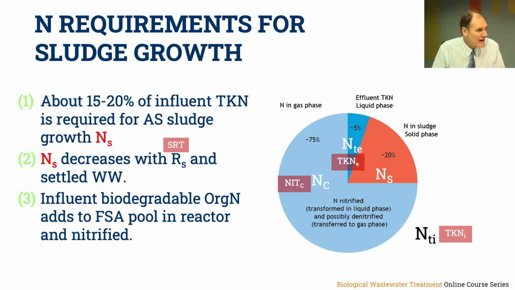And then a third thing happens, and that is the organic nitrogen that comes into the biological reactor that is biodegradable, that gets broken down and added to the pool of free and saline ammonia in the reactor. And so all that nitrogen, this approximately 75%, is nitrogen that becomes available to be nitrified and denitrified if we want to do biological nitrogen removal.